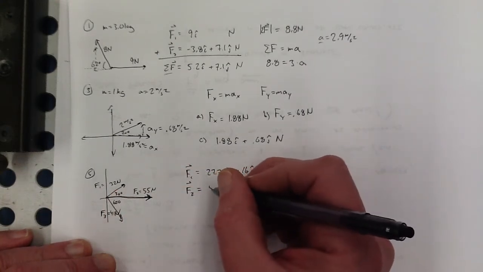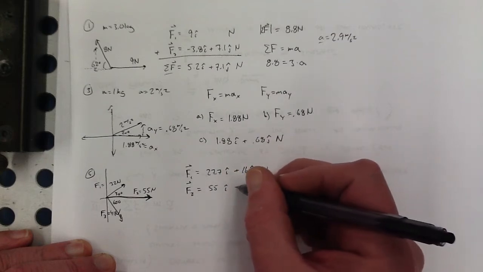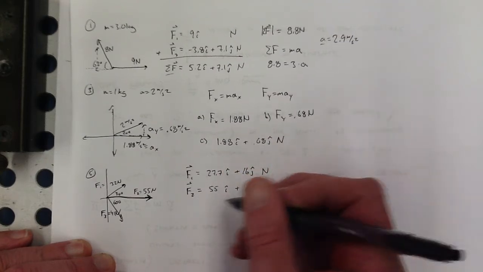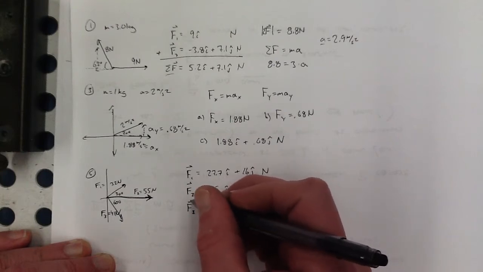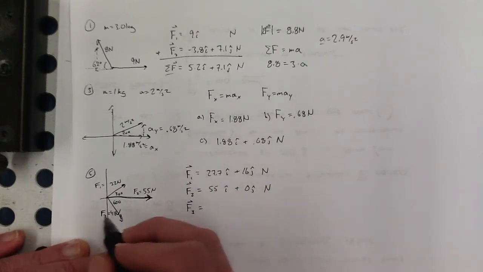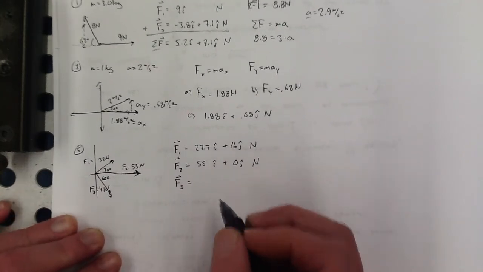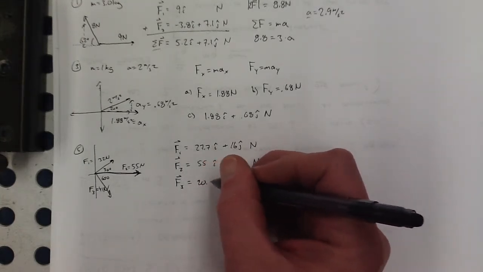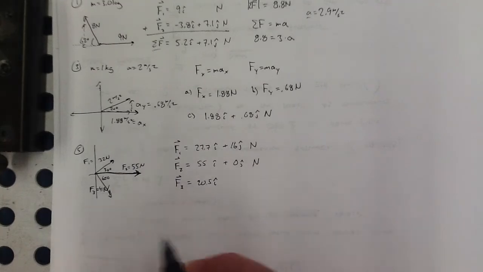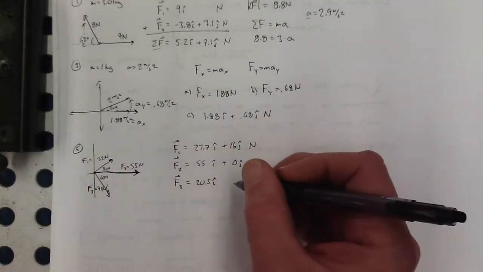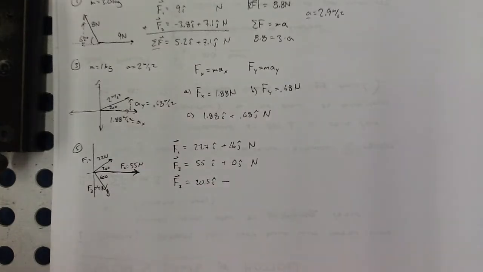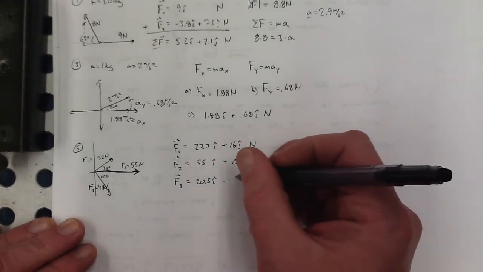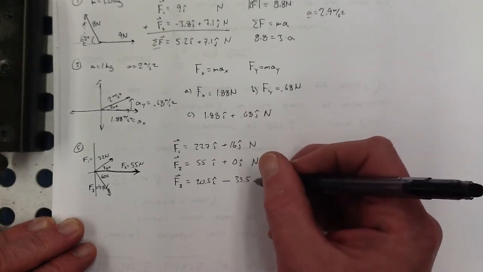And force 2 is all I and no J. And F3 is going to be 20.5 I, that's half of that, plus, actually minus, right, because the y component or the j component will be negative. 41 times the sine of 60 is 35.5.